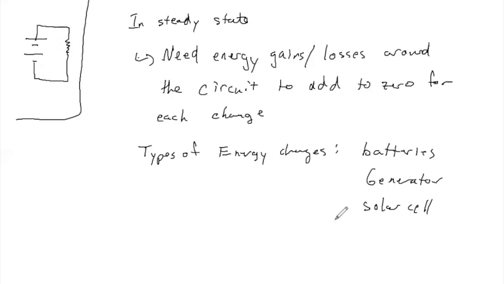So then you could also have energy changes caused by moving in the presence of a, and in this case, I'm going to focus on conservative electric field. So you could have motion in presence of a conservative electric field.